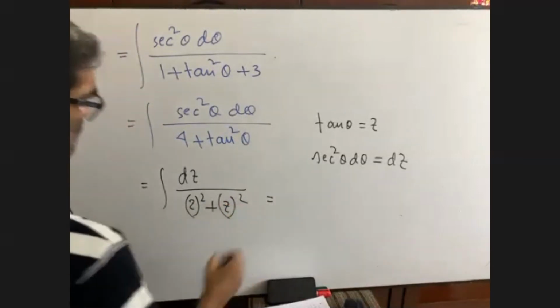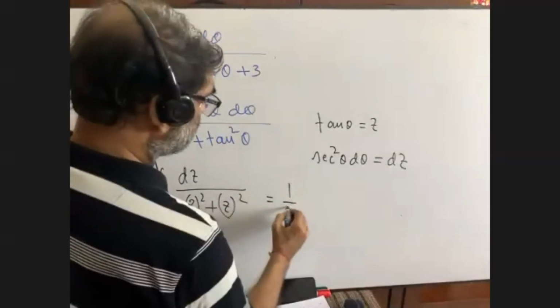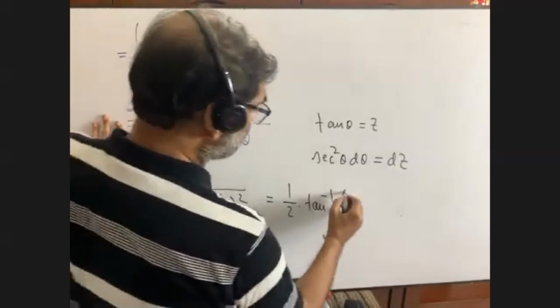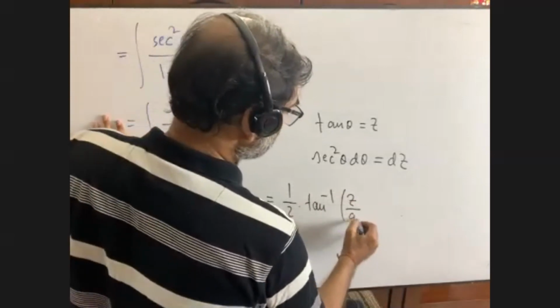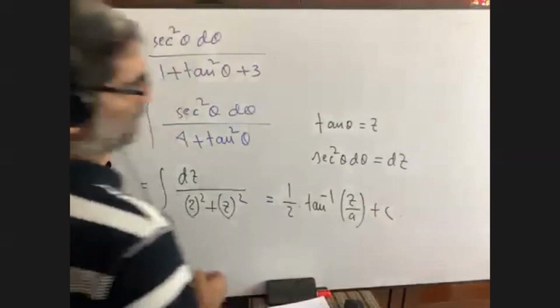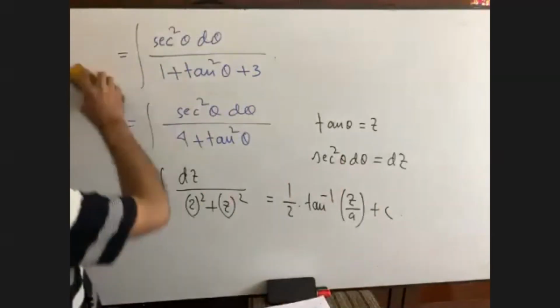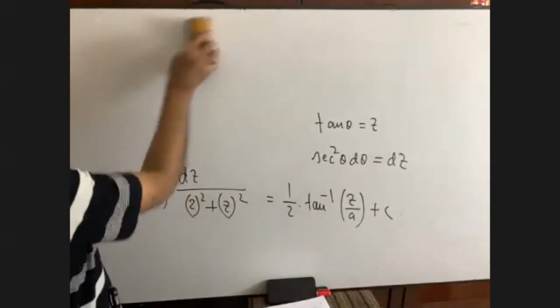What is the formula? 1 by a tan inverse x by a. Now, can you please put the value of z here? Hello, everybody. Are you getting it or not? Okay. Then, what should we do? Let me know.